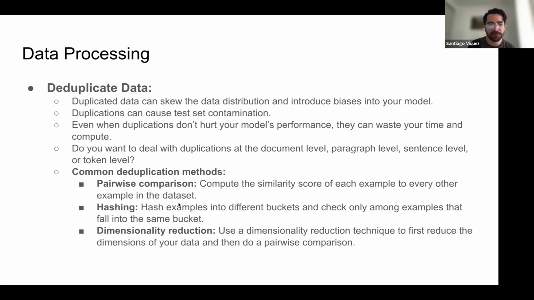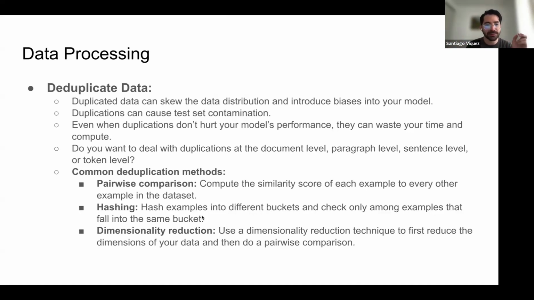She spoke about these three ways. Pairwise comparison: you compute the similarity score of each example to the others, so you are able to easily find duplicate sentences, records or documents. Of course, this can be very expensive, because you have to do one versus the other for every example.